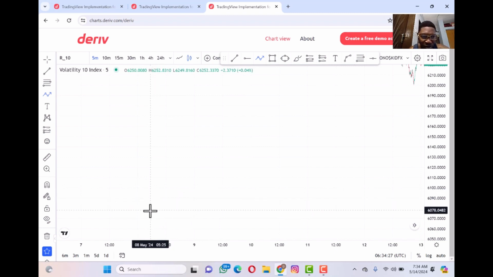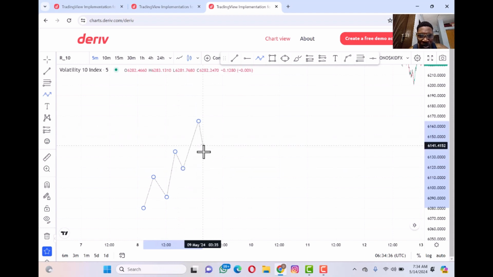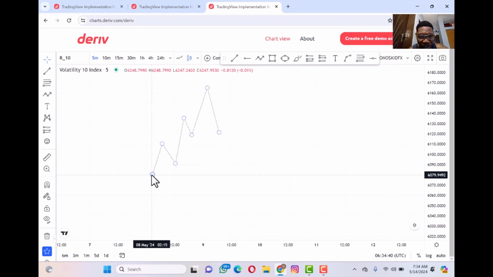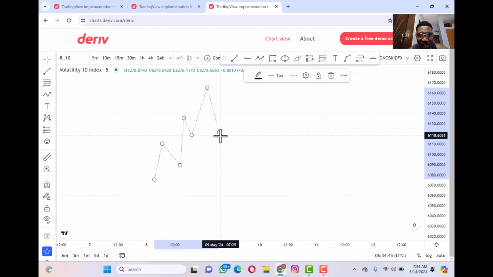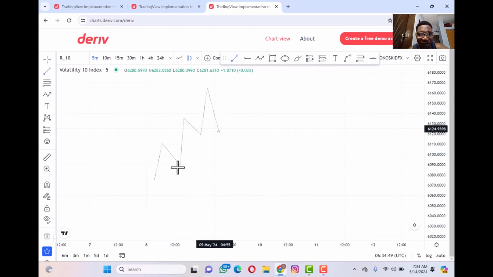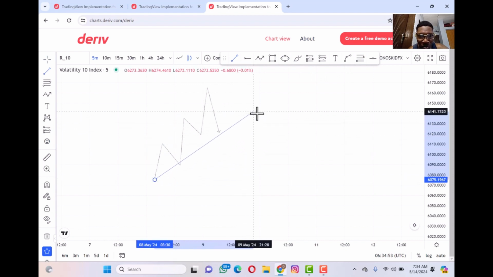So having said that, suppose you have a trending market in this form, creating a series of higher highs and higher lows. The best way to trade this trend line is to look for the line of best fit, the line that you think, when the market reacts to it, there will be a significant push to the upward direction.